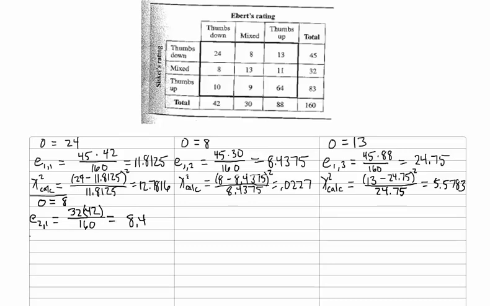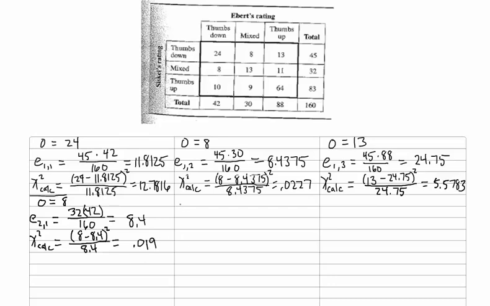And for our chi-squared calc value for this cell, we have 8 minus 8.4 squared divided by 8.4, and this is equal to 0.019.